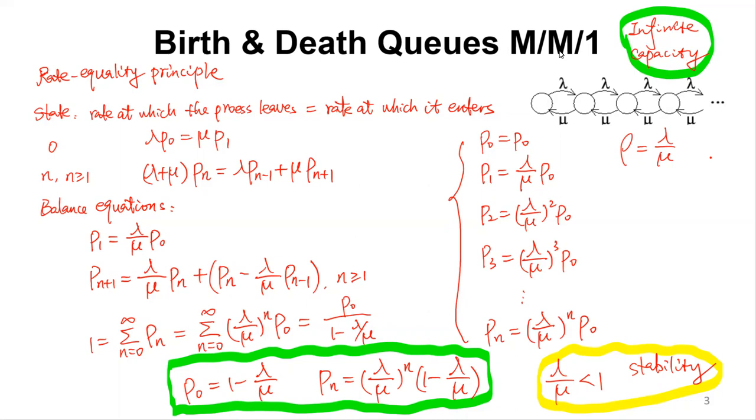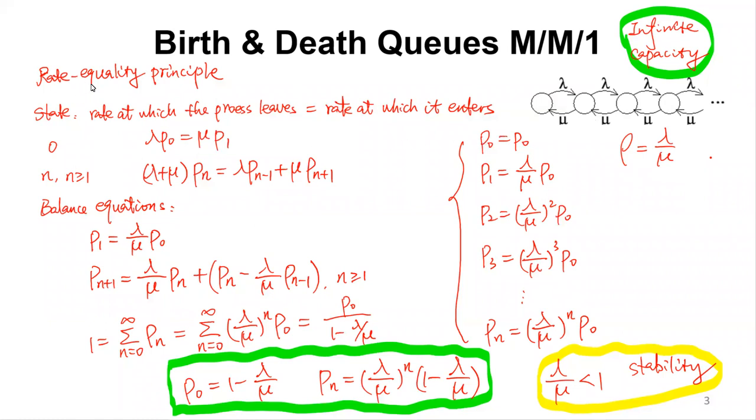The second M is the service time, exponential and memoryless. We have one single server. So pretty much it's like this diagram. This is the arrival rate, and the queue can go to infinity, and then we can also go back with the service rate.